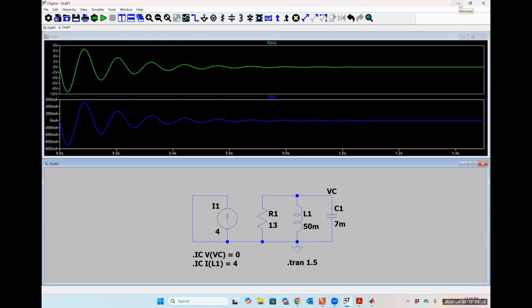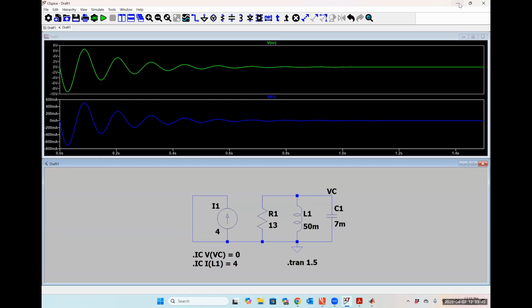Before I do that, though, I want to talk about why I chose 1.5 seconds for my transient analysis. Our alpha value here was 5.952 or something like that. If I take the inverse of that alpha, that comes out to be roughly 170 milliseconds.